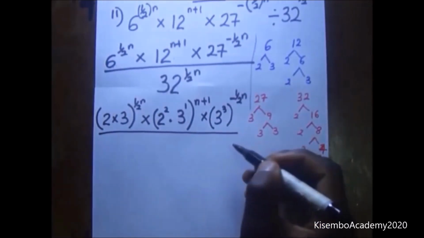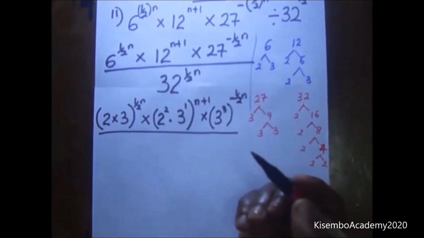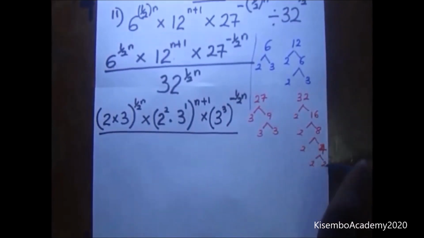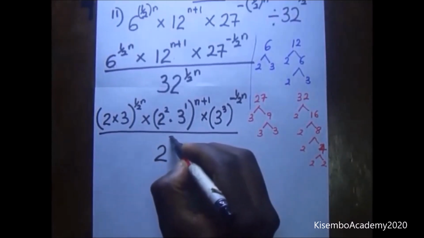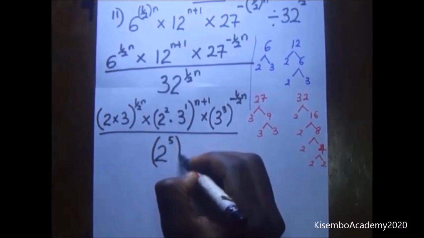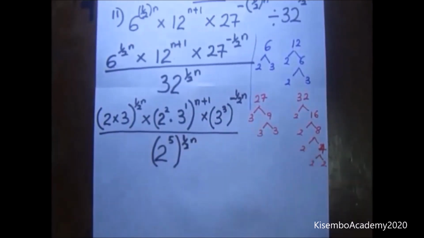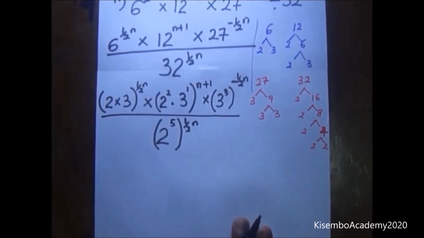Divide all that by 32 to the power half n. What is 32? 32 is 1, 2, 3, 4, 5. It is 2 to the power 5. So it's going to be 2 to the power 5, put in brackets, to the power half n. So we continue with our simplification.